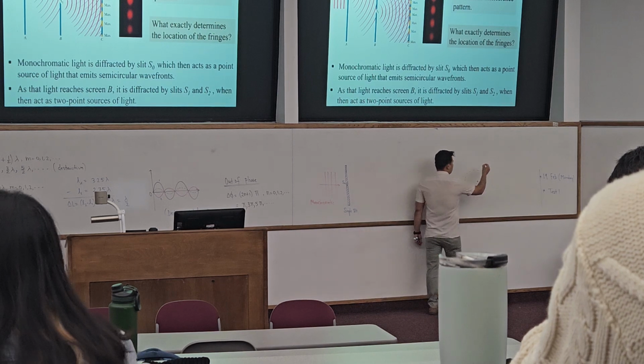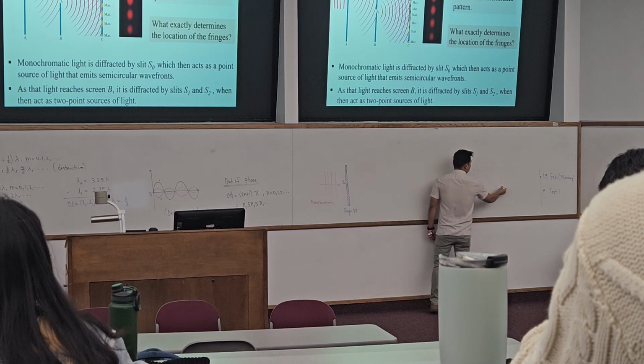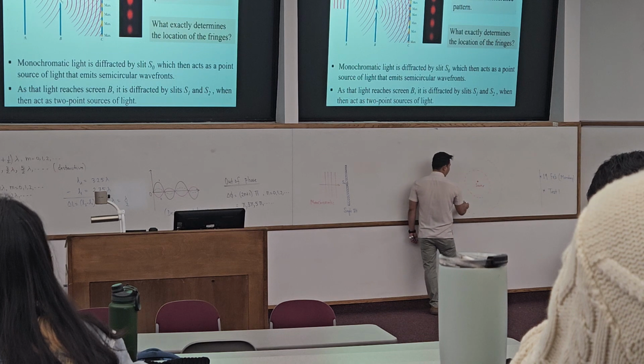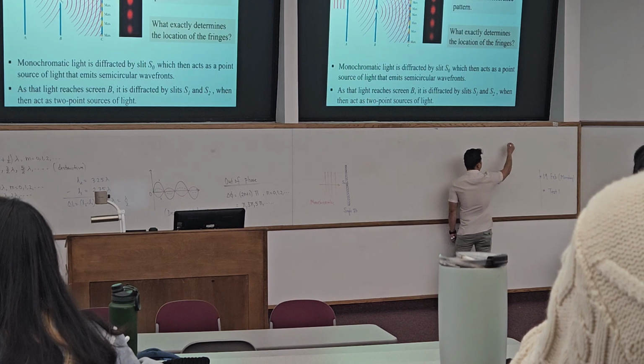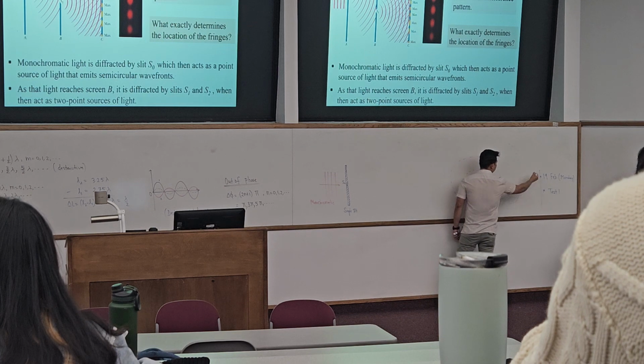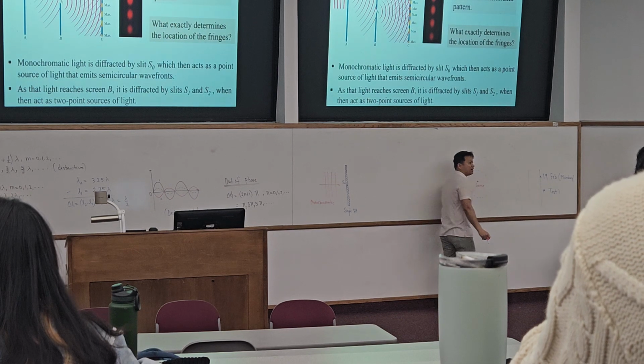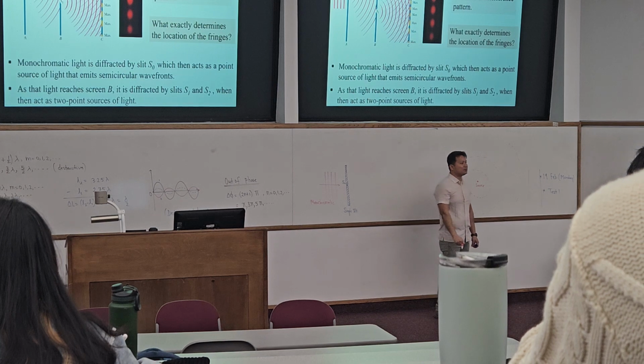If you go further, you need to draw a circle of bigger radius. And if you go even further, you have to draw a bigger radius. At some point, it's gonna be like a line. The wavefront becomes like a line.